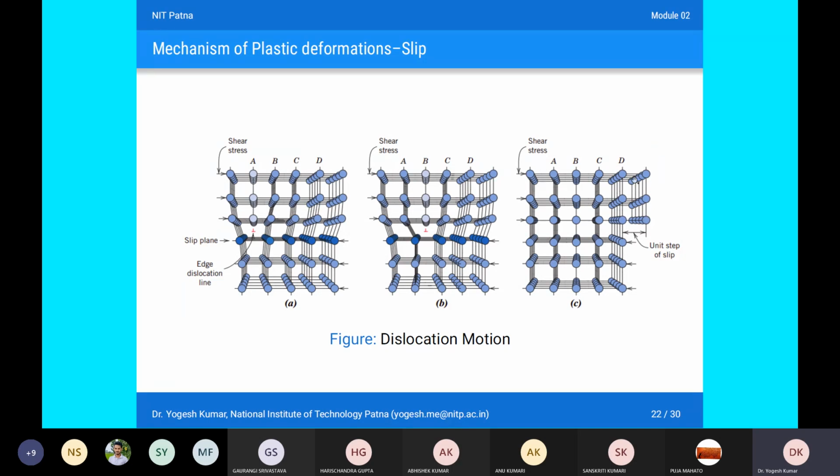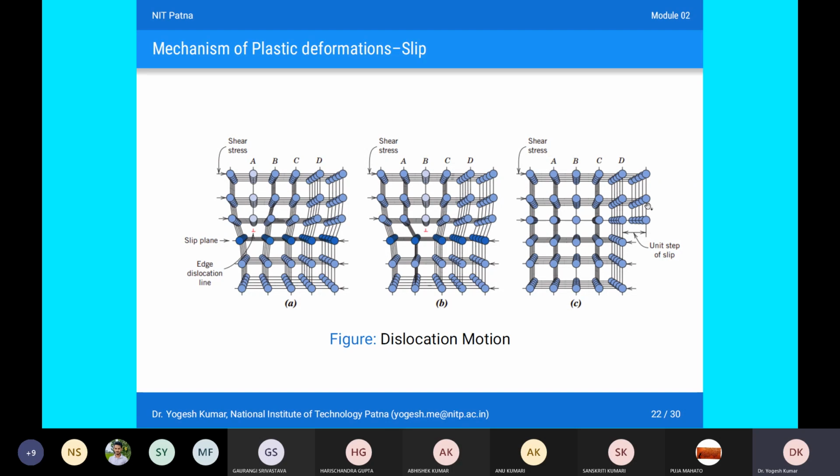So this kind of deformation is permanent deformation, and for shifting this unit step of slip from right to left again, you will require shear stress more than the critical value.